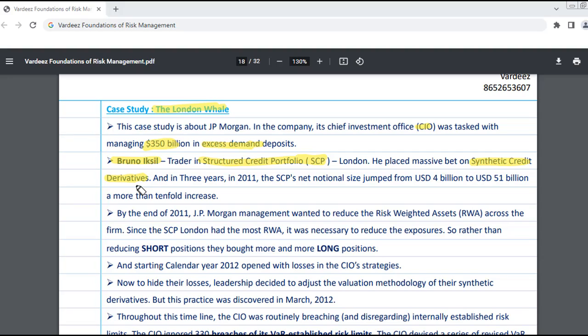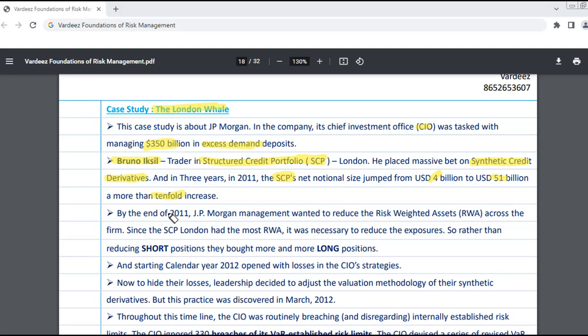Now for the exam, just remember that a synthetic credit derivative is a derivative product. Okay, and just to let you know the intensity, in just 3 years, the SCP's net notional size jumped from $4 billion to $51 billion. That is more than a 10 times increase.